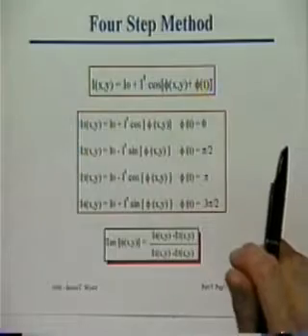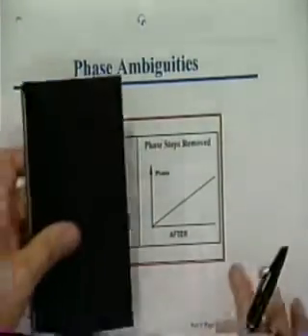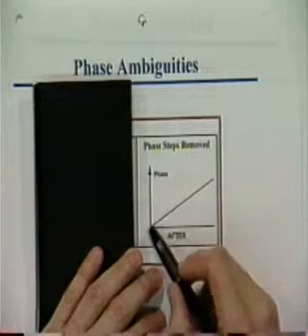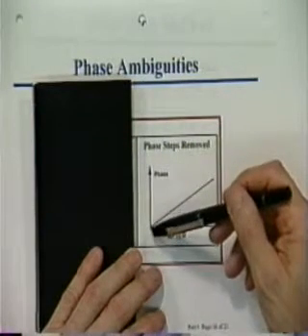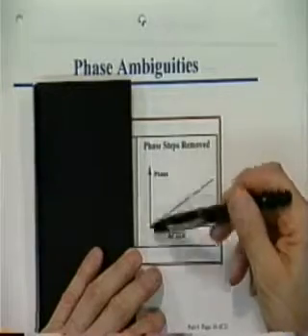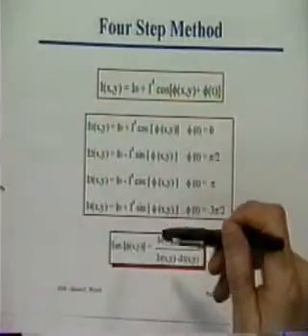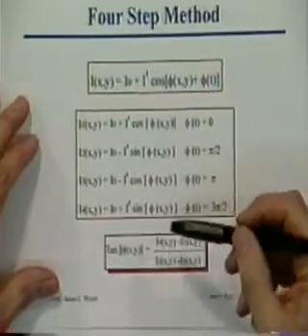And the problem shows up in the next viewgraph. Let's say the surface we're looking at has a tilt. And I don't show this, but let's say this goes through many times 2 pi. The problem is when we take this arc tangent, this is modulo 2 pi.